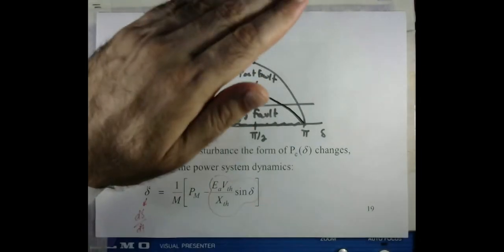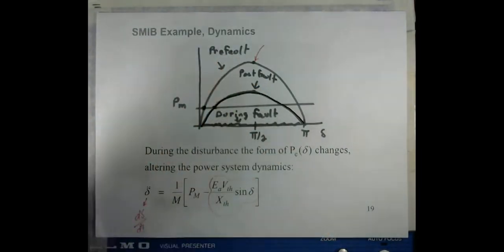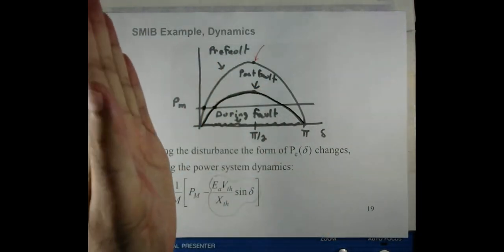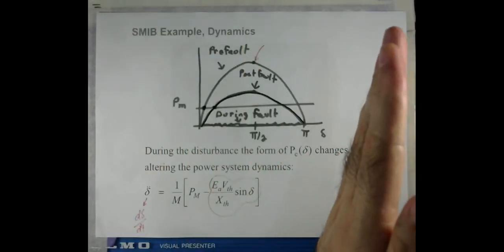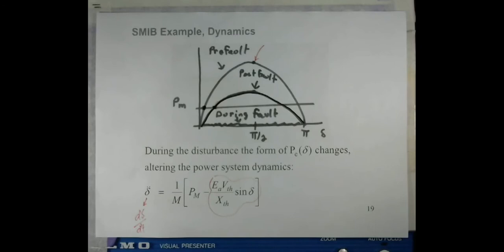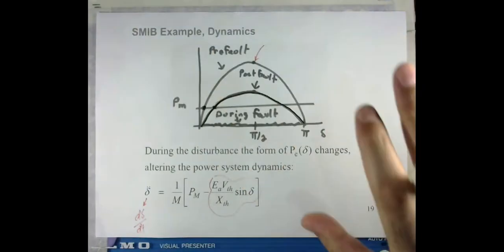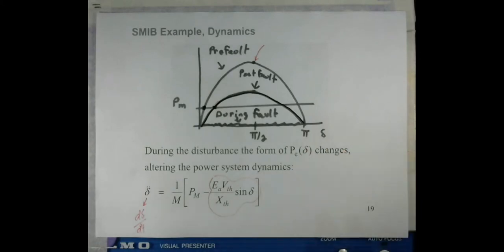Because if it loses synchronism, then it will not take part in the transfer of power flow. So it is important to carry out this study, because we need to ensure that all the machines remain in synchronism with the rest of the system.